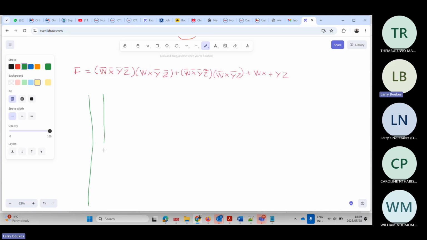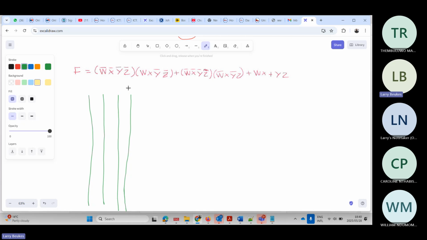Guys, this is basically your conductor. Even if you were to do practicals using a breadboard and this gate, you need to make sure that they conduct, like a breadboard actually is structured this way. So you need to make sure that you place, for example, your W, you're going to connect it here, your X here, your Y here, your Z here.